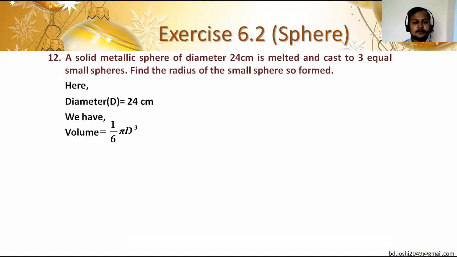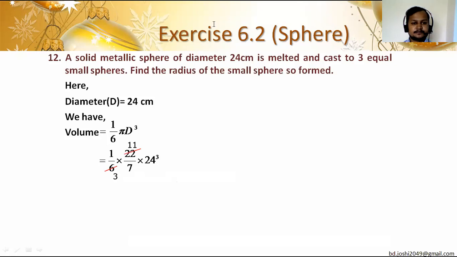If diameter is given, we have to use 1/6 pi d cube. Now put the values, value of d as well as pi. 1/6, 22/7 into 24 cube. Multiply that with 22 and divide it by 6 into 7, or we can cancel out here also. 2 3 is 6, 11 2 is 22. Here we can write 11 and here we can say 3.